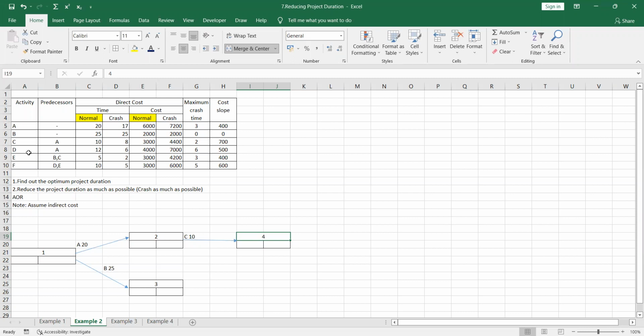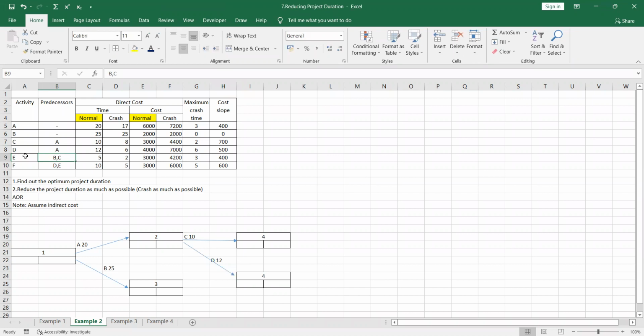For the D activity also, A is the predecessor. That means we have to start this from here. So this is for the D activity, and the normal time is 12. And I have done the D activity.